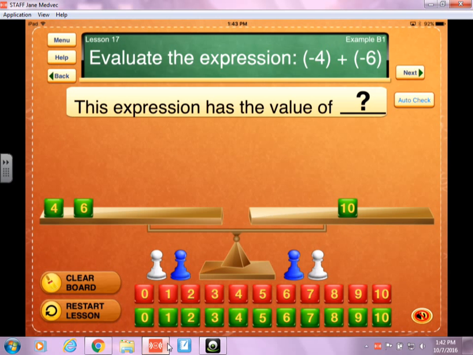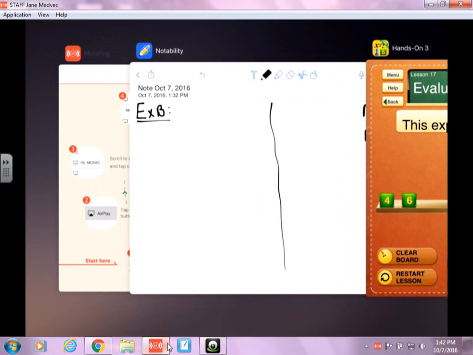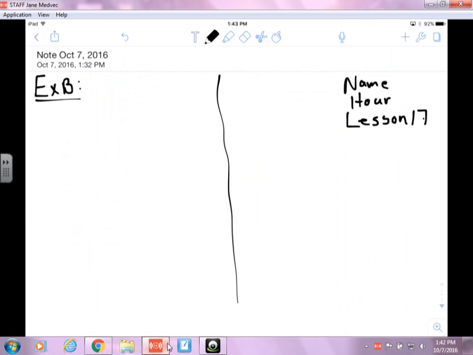Okay? So I'm going to go back to my notes, and this is how you'd write it. So you'd go -4 plus -6, and it's going to give me -10. Now, I don't have to put parentheses around them, but that is how it was offered to me, and so that's why I put it there. Okay?